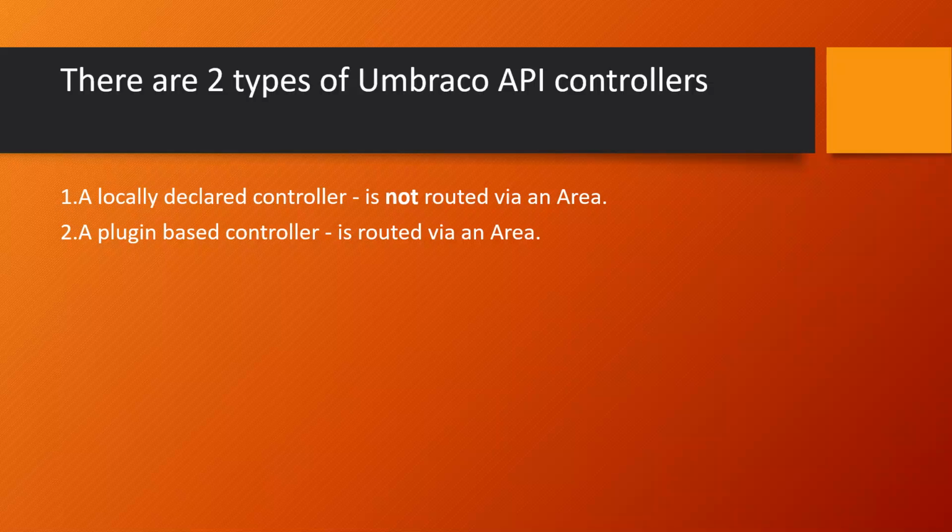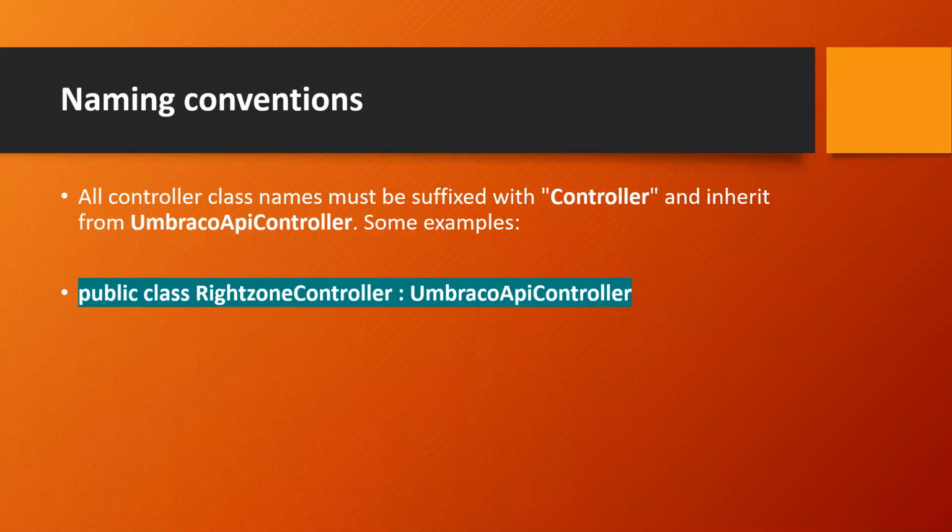One is a locally declared controller API and one is a plugin based API. We have already discussed both of them in our surface controller. We are using them in the same manner, but we have a different controller to inherit.